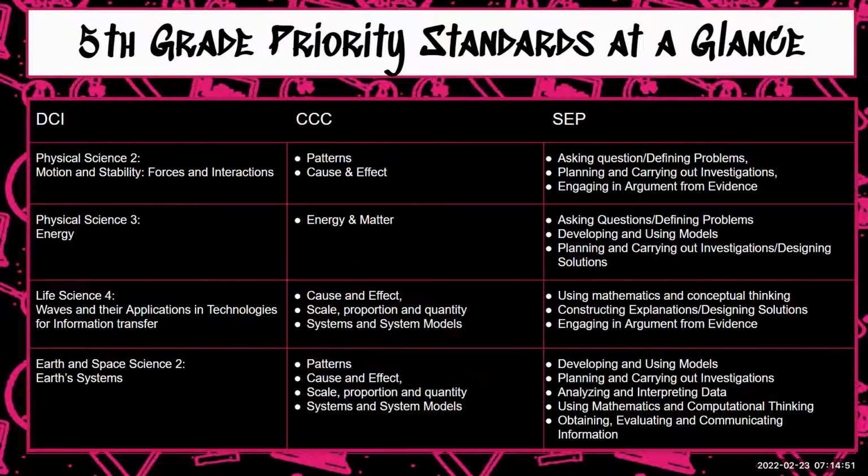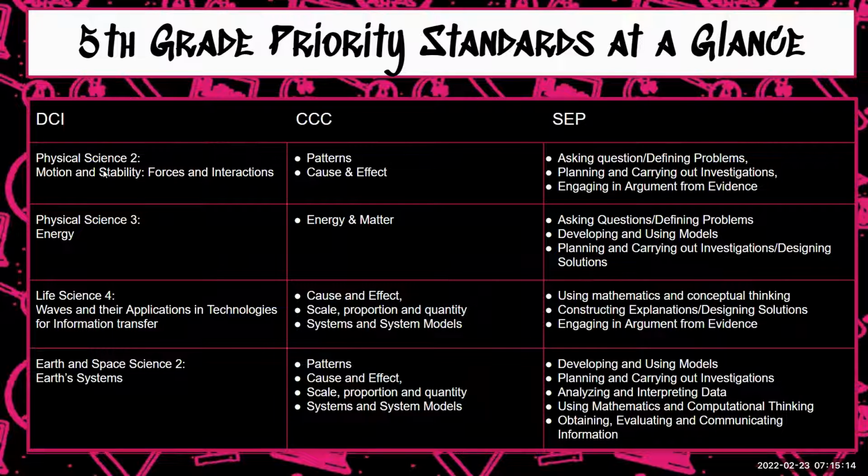There's not a priority standards list for science at the state level, but I took the data together and made some priority standards that might help you in making decisions about the instruction that you're doing for the rest of this year and possibly as we move forward with the CAST assessment.